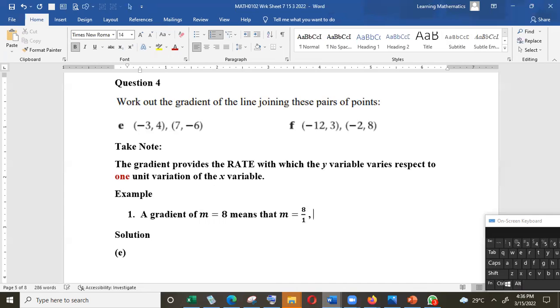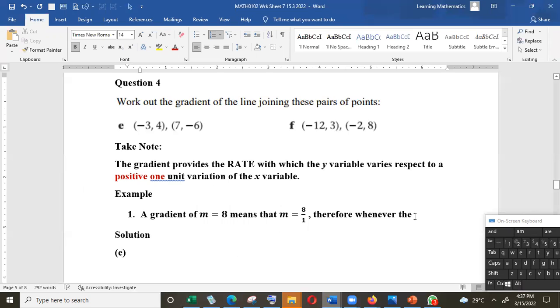So therefore, and it's always a positive 1, let me just highlight that, a positive 1. Always positive 1. Very important.